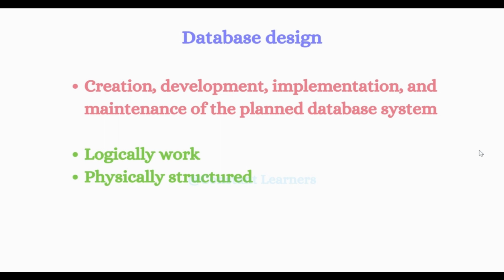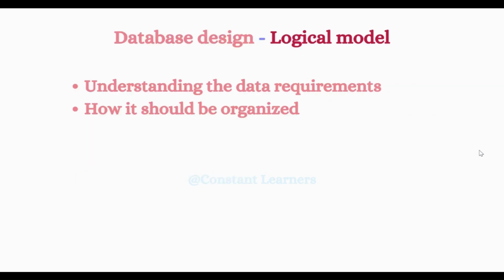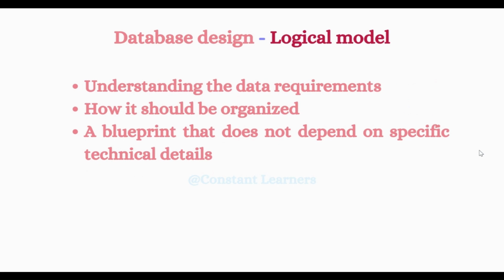The logical model focuses more on understanding the data requirements. So first the architects understand the data requirements and how the data should be organized. This logical model is like a blueprint that does not depend on specific technical details. We'll get into the depth of what exactly a logical model is and what a physical model is.